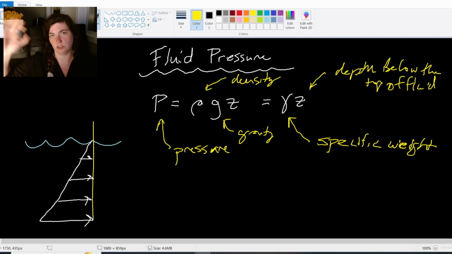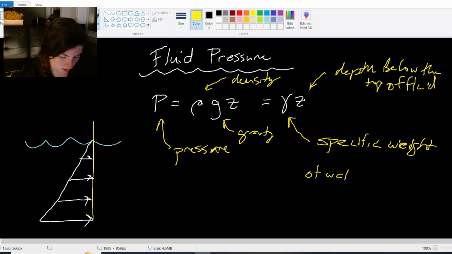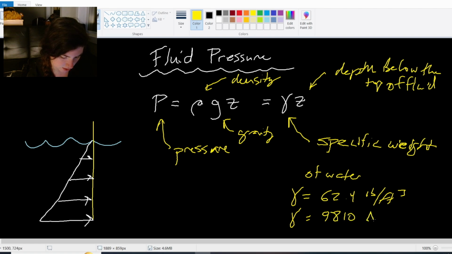On Earth, the specific weight of water, our gamma for water, is 62.4 pounds per foot cubed in our unit system, and 9810 newtons per meter cubed in metric.